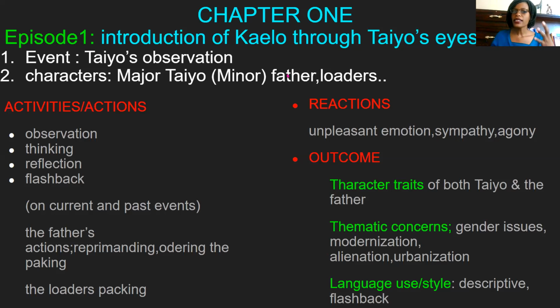Then who is the character involved? The major character there is Taiyo. The minor characters could be the father, the loaders, and the other people mentioned. So what are the activities that Taiyo is involved in? She's involved in observation, thinking, reflection and flashback on current and past events.